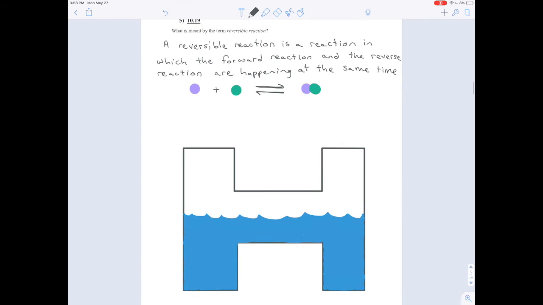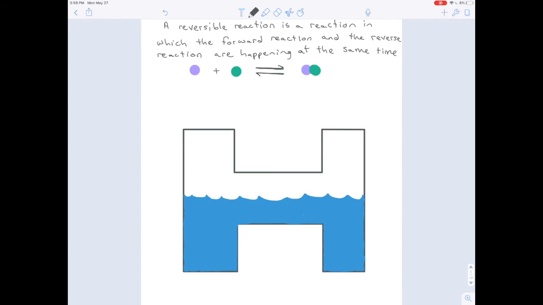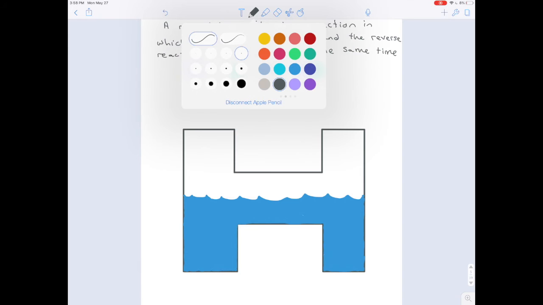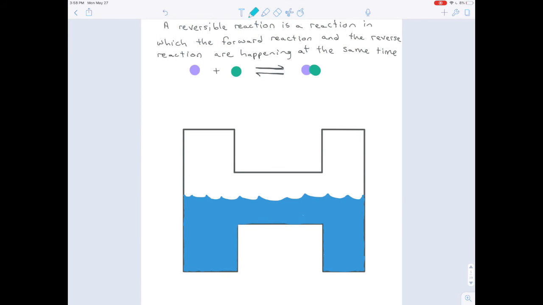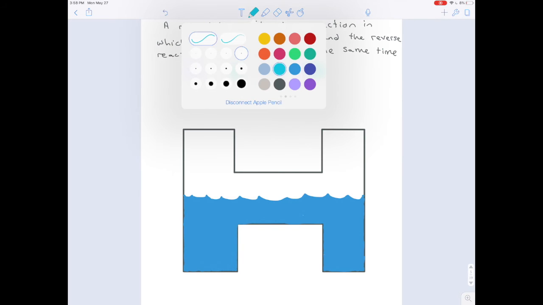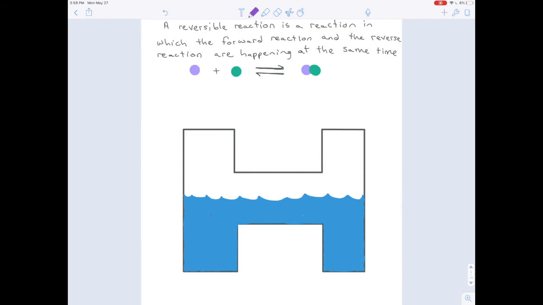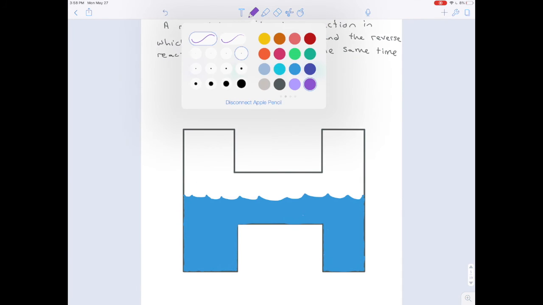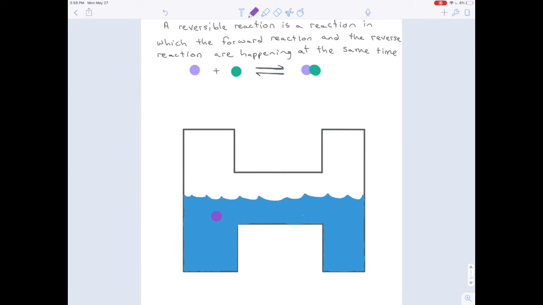A nice analogy for that is given by a little water tank that you can see in this H diagram here. In a water tank, the water looks like it's not doing anything, but actually the water on the left side is flowing to the right. And you know because if you put a drop of purple dye on the left side, it would eventually spread through the whole thing.